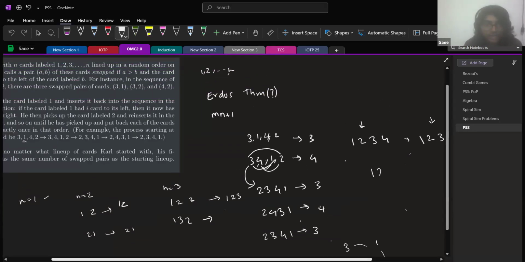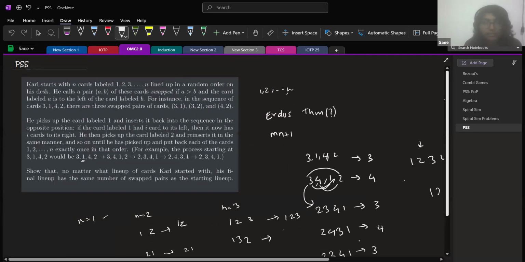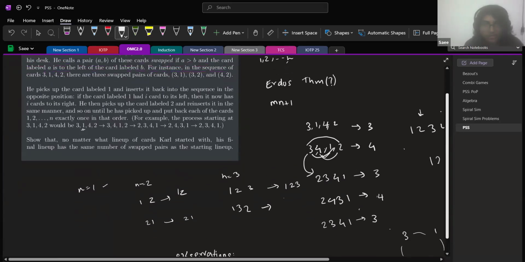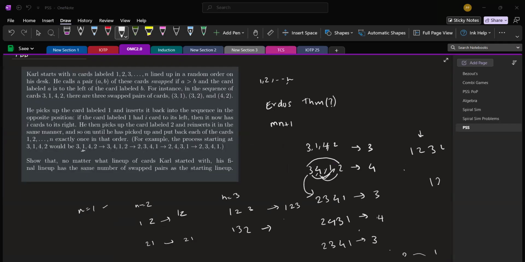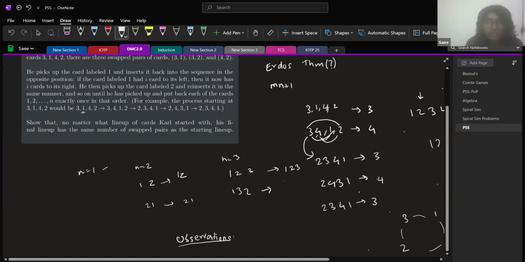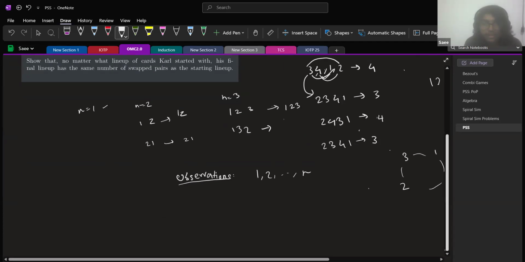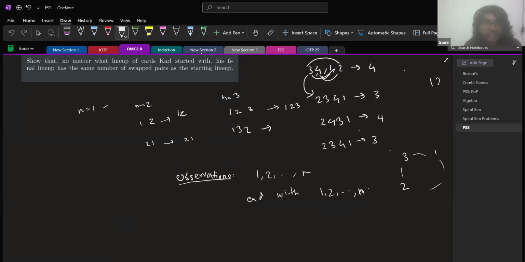When I see this problem, a couple of different approaches come to my mind. Firstly, some seemingly stupid observations: if you start off with 1 to n in ascending order, you're going to end with 1 to n in ascending order. Isn't that just rotating every step?